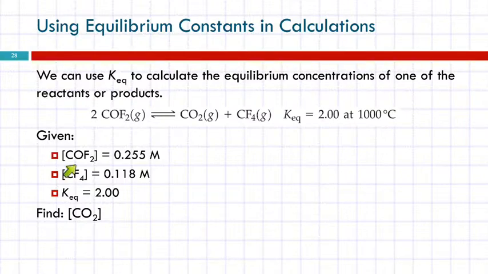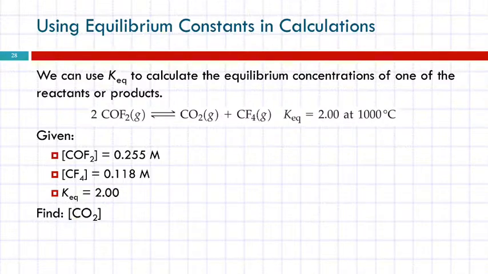We're given the concentration of the reactant and one of the products, the CF4, and we're also given KEQ, and we're asked to find the concentration of CO2. So what we're going to do is write the equilibrium expression, and then rearrange it and solve it for this thing that we need.